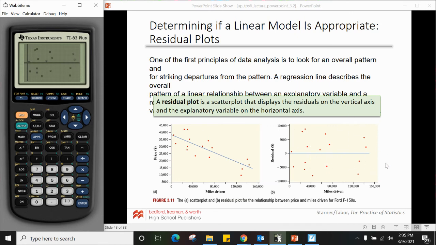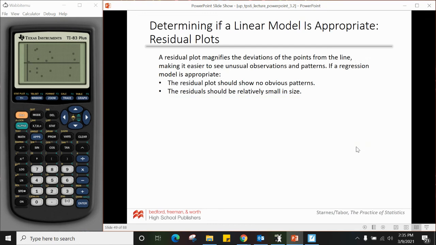All right. Now the question is, what does the residual plot really help me with? Well, it will tell you if this linear model is appropriate. If the residual plot shows no obvious patterns, then it is an appropriate regression.